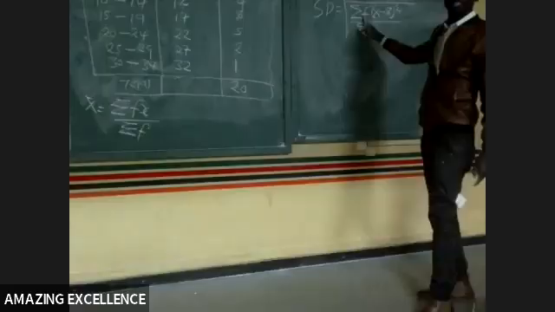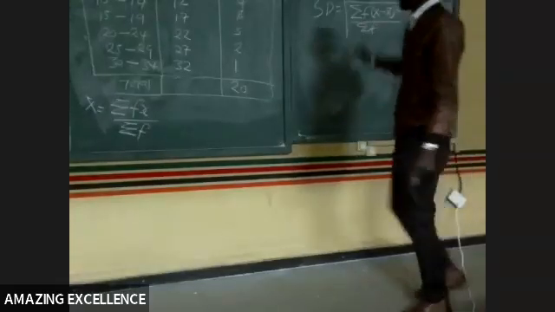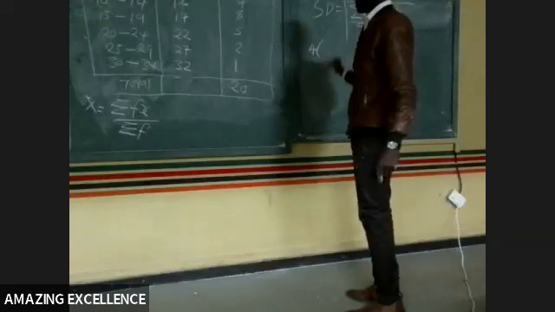Now, this is how you compute this one. The first thing you write is the frequency. The first frequency is 4, and what is your x?